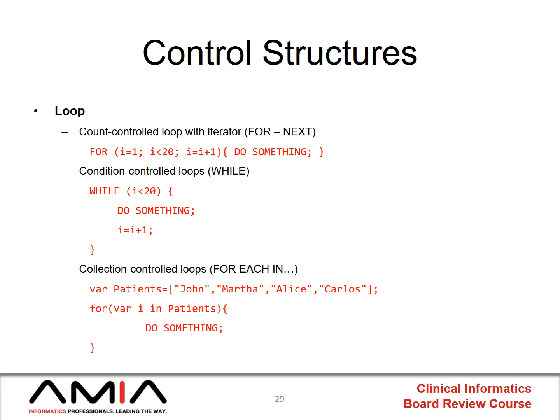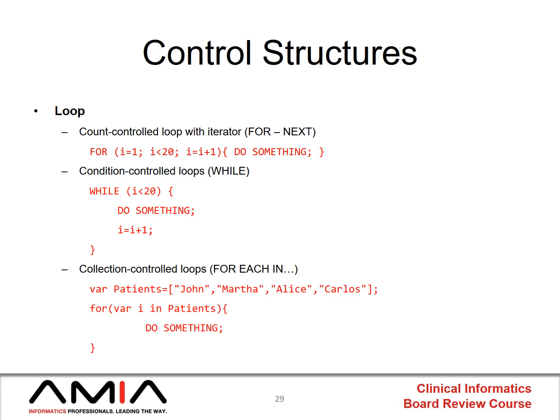Let's look at the first one, the for next statement. Notice that this one has a counter built into it, or what's called an iterator. So I'm saying for as long as that counter statement is true, do something. The counter statement has to include the initial parameter for the iterator. I'm saying I is equal to 1.